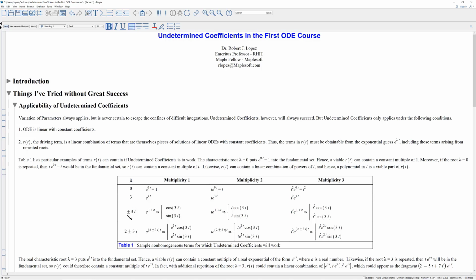And if this pair of roots shows up with multiplicity 2, you're going to have a t e to the plus or minus 3it, in which case you're going to have t cos 3t, t sin 3t. And if the multiplicity is 3, so that really you've got 6 numbers here to deal with, you have a t squared times the cosine or the sine.